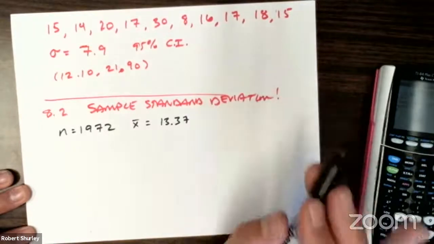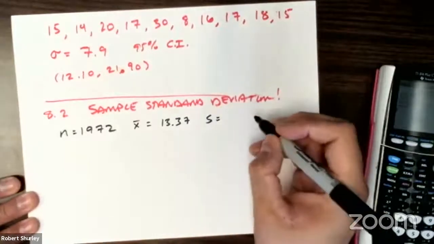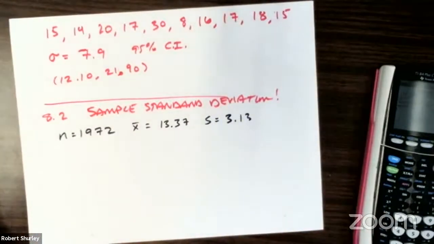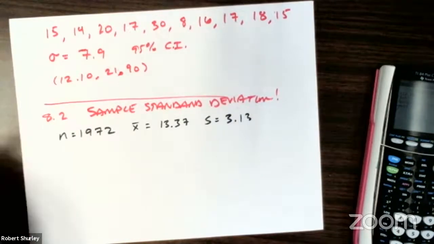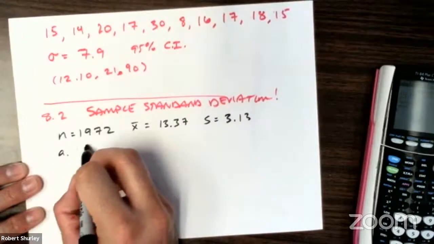Oh no, so it's a sample mean and a sample standard deviation. It doesn't say population standard deviation, so we have to assume it's a sample standard deviation, 3.13. On the test, I will be straightforward. I will say sample standard deviation and a sample mean of, and give that to you. For part A, it wants a 98% confidence interval.